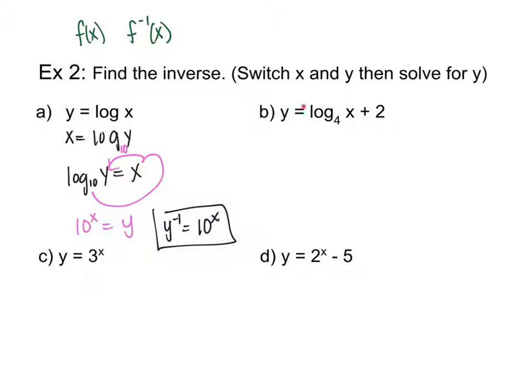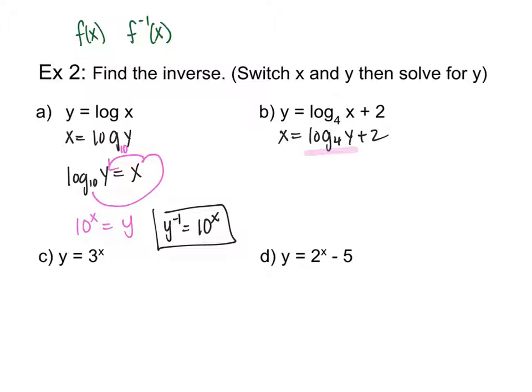So like for b here, the first step for finding inverses is that you switch your x's and y's. So let's go ahead and do that. Okay, so now we're going to try to solve for y, and here's y. So the y is inside the log. So what you have to do is try to get this log by itself first.